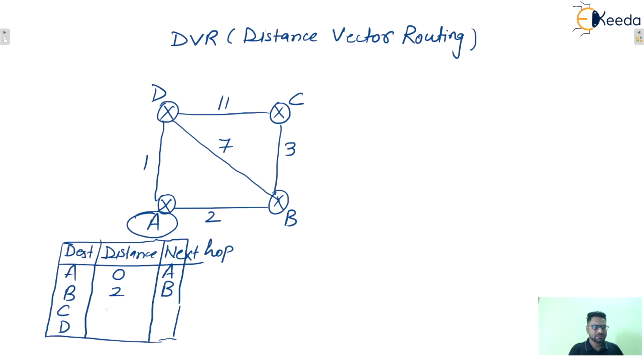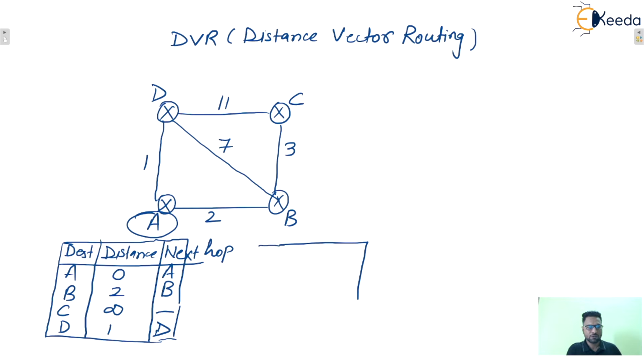From A to C, C is not a neighbor of A, so A doesn't know the distance to C. Here the distance will be assumed to be infinity, and there won't be any next hop. A to D, the distance is 1, and the next router in the path is D. So initially, that will be the routing table for router A.